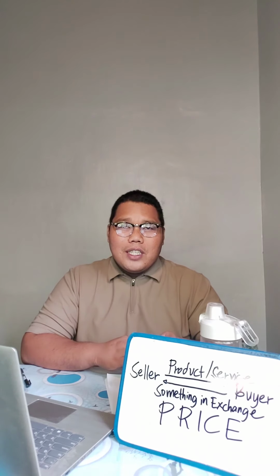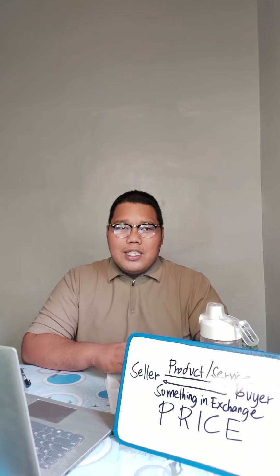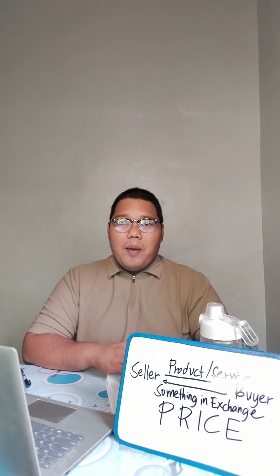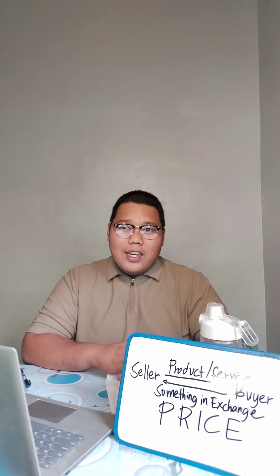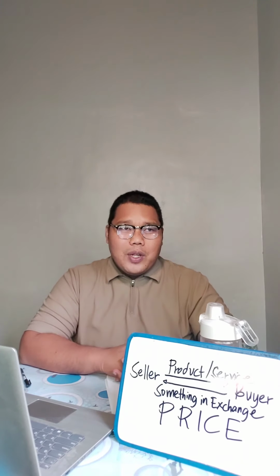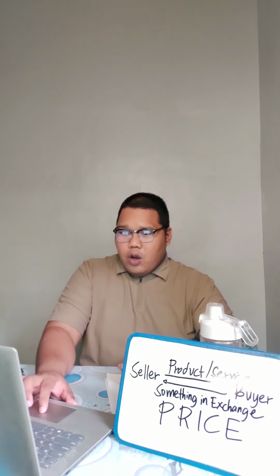Now, your bid price is 50 pesos. Then, the actual payment for that particular transaction is 80 pesos. So that is called the traded price. So seller, asking price; buyer, bid price; the actual payment is the traded price. Okay.